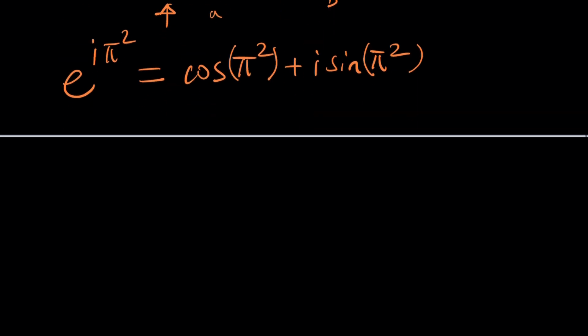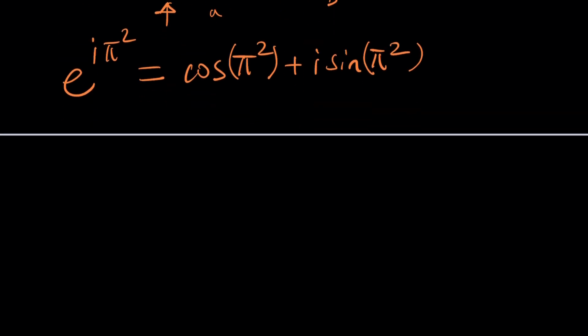But what is that supposed to mean? Well, this is a complex number. You go ahead and evaluate pi squared. So if pi is equal to 3.14, you're going to multiply it by itself. I don't have an answer, but you can do it with a calculator. And then once you find that, you're going to find the cosine of that angle. But you've got to be careful. It's supposed to be in radians. So whatever you get, you kind of have to take out multiples of 2 pi or whatever.